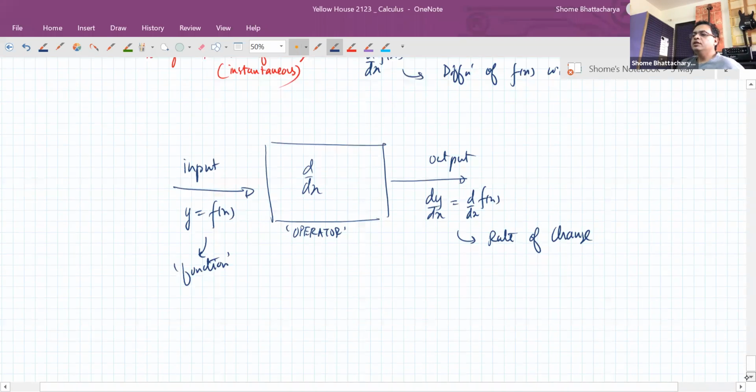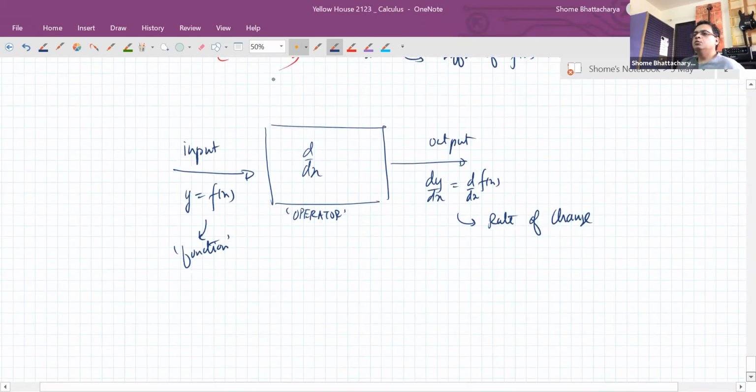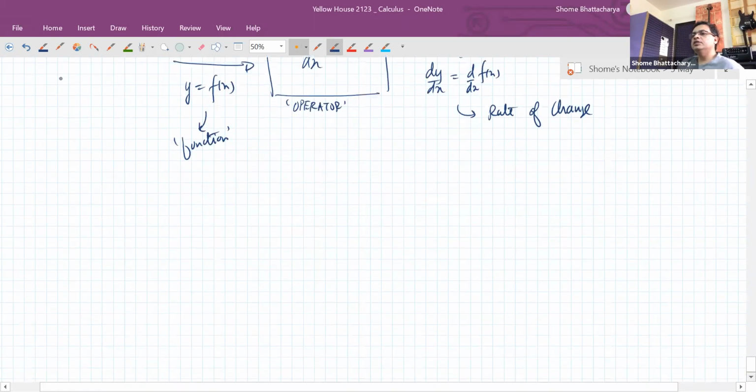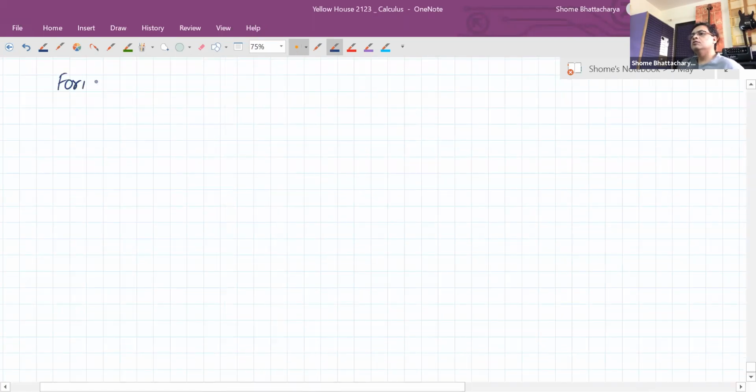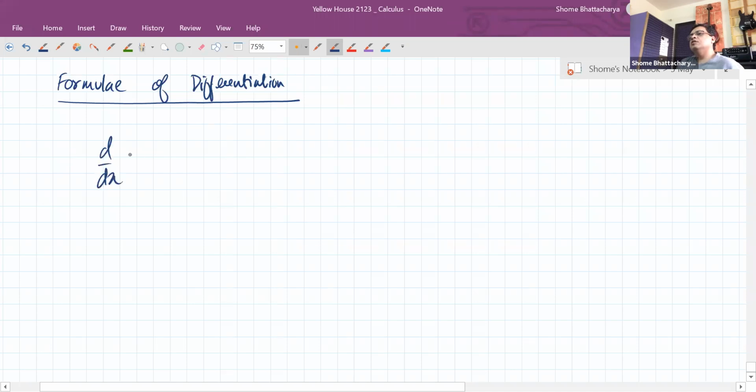So just at an introductory level today, we'll see the most basic formula of differentiation. Differentiation of x to the power n is given by the formula n into x to the power n minus 1, where n is any real number.